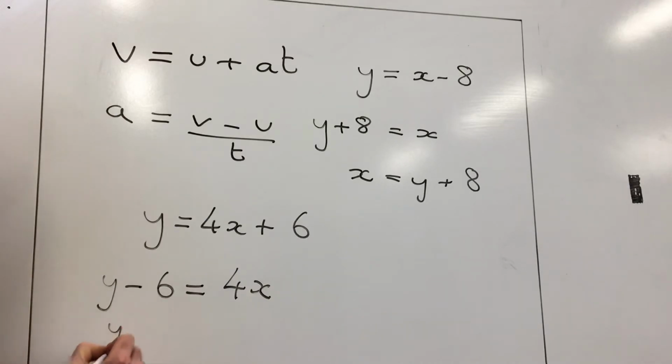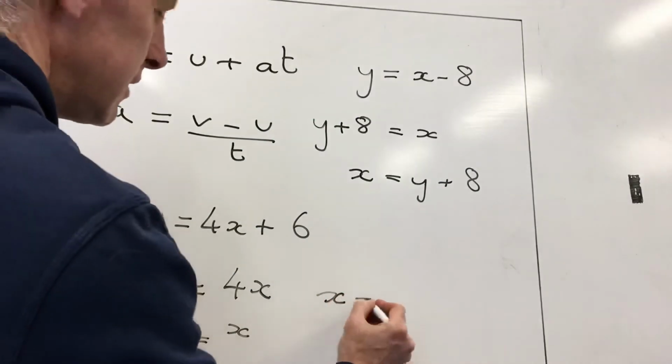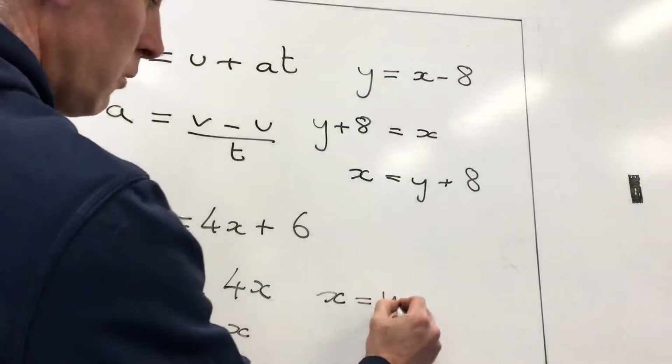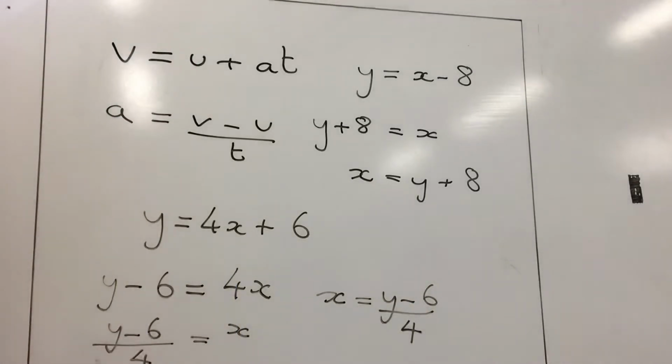So it's y minus 6, all divided by 4 is equal to x. So we have now made x the subject of the formula. If we want to put x on this side, we just turn it round. X is equal to y minus 6 divided by 4. We have now made x the subject of the formula.